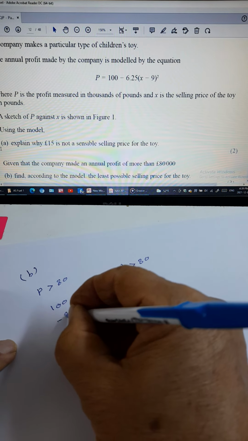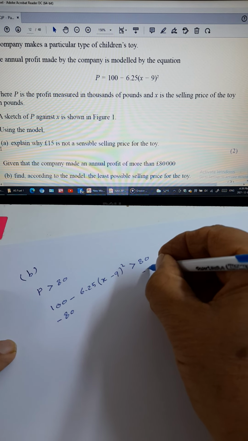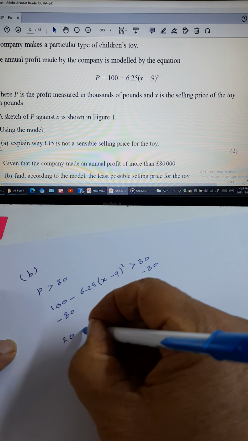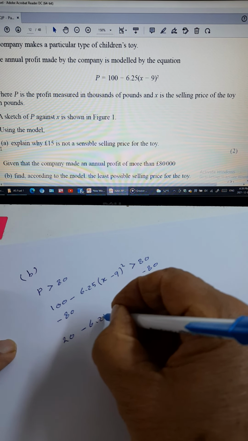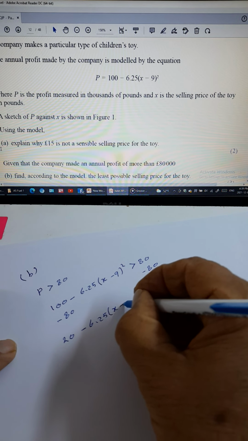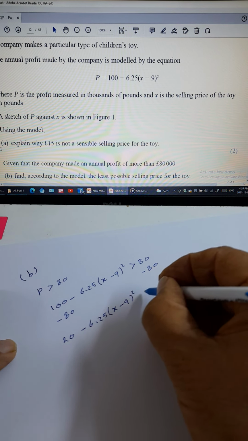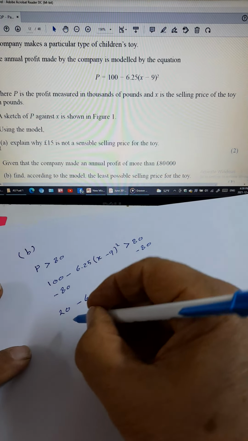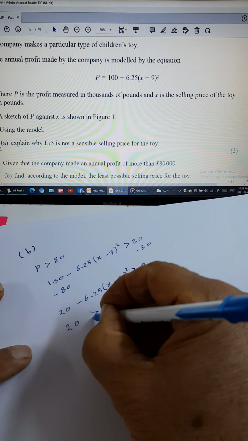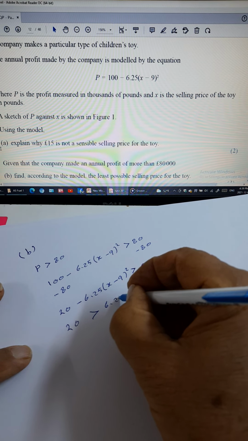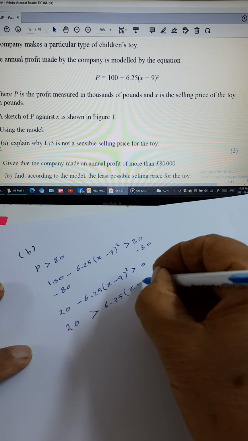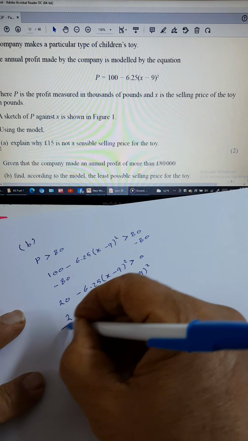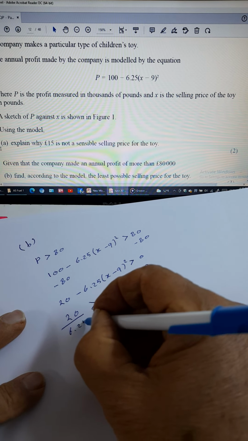Now add negative 80 to both sides. Here is 20 minus 6.25 times x minus 9 squared is greater than 0. So 20 is greater than 6.25 into x minus 9 squared. Divide both sides by 6.25.